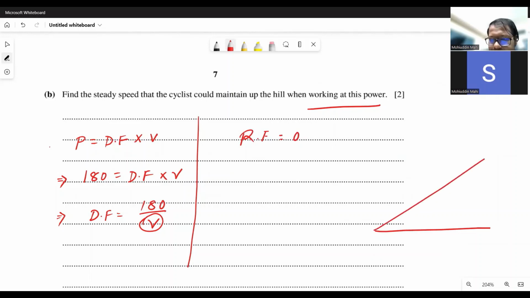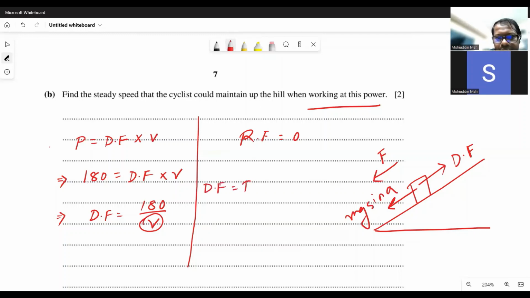So that means in the upward direction, driving force, and in the downward direction, mg sine alpha and the resistive force F. So the equation is going to be driving force equals F plus mg sine alpha.